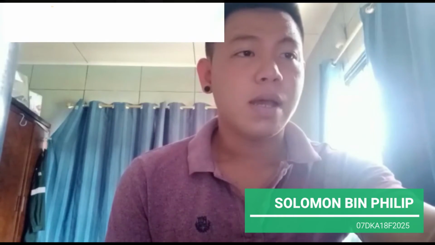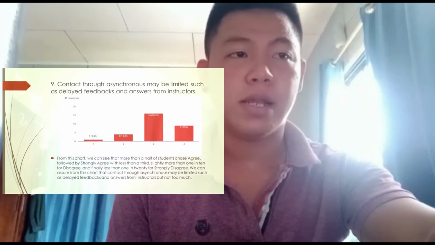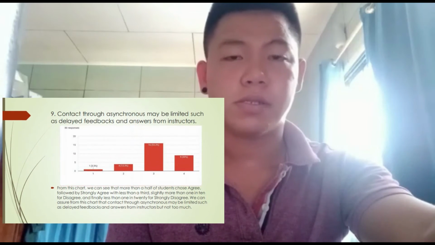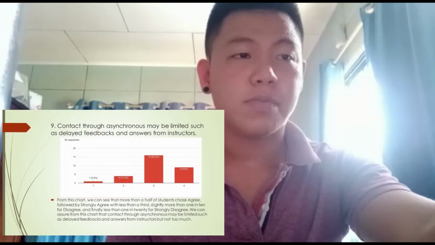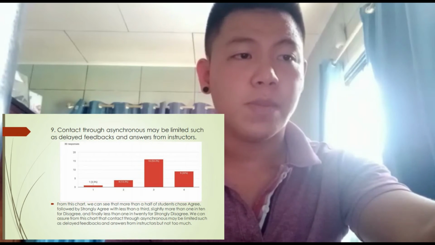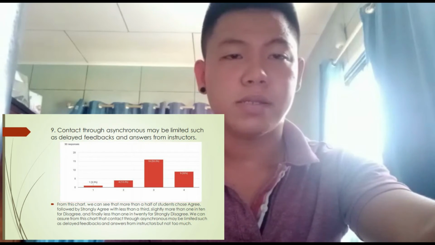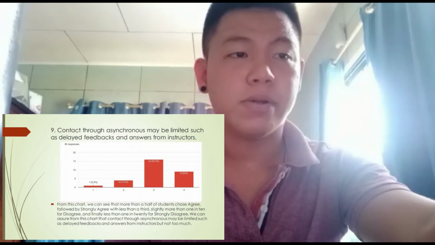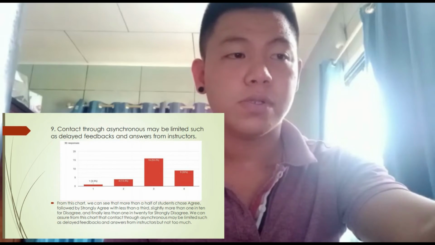Number 9. Contact through asynchronous learning may be limited, such as delays in feedback and answers from instructors. From this chart, we can see that more than half of students choose agree, followed by strongly agree with less than a third, slightly less than 1 in 10 for disagree, and finally less than 1 in 20 for strongly disagree.